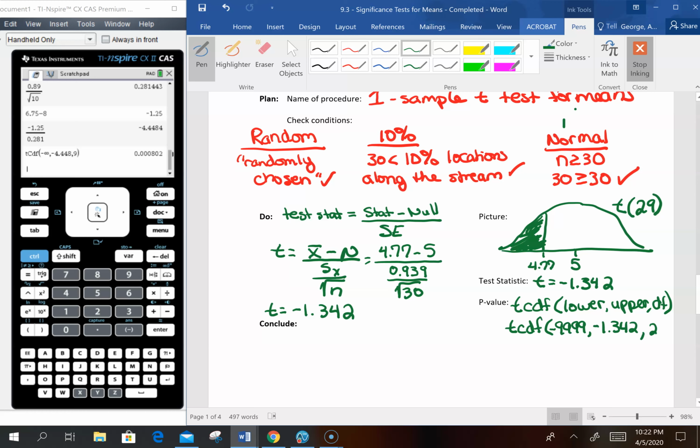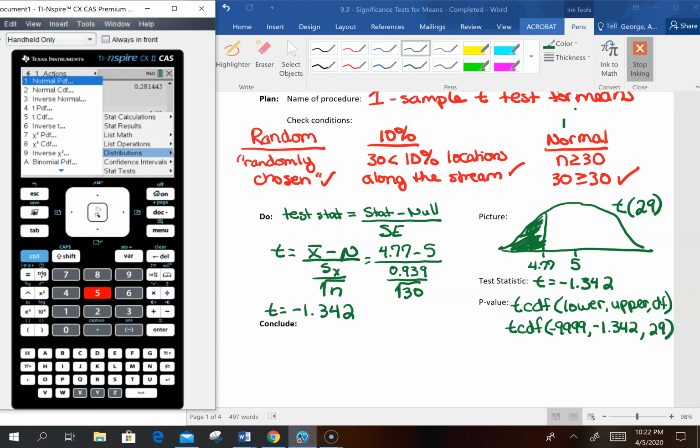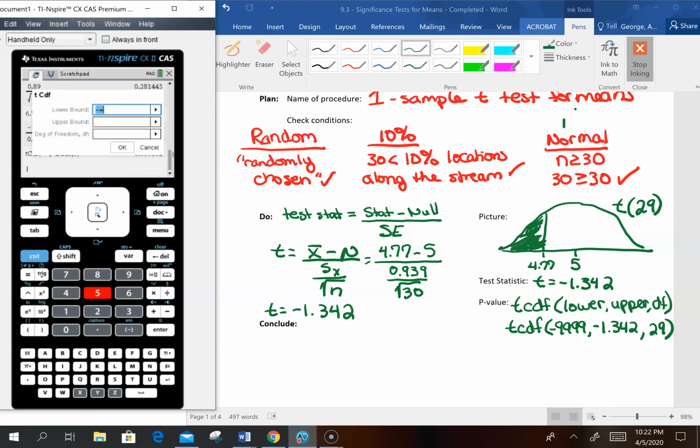And then our degrees of freedom is 29. So over here on our calculator, that's menu, number 6, and then number 5, and then t-CDF is also number 5. So our lower bound, you can make it negative 9999, or you can leave it as negative infinity. It's fine either way. And then our upper bound, like I said, was our t-value we found, negative 1.342. And our degrees of freedom is 29.